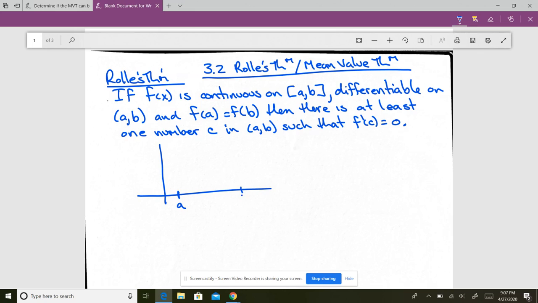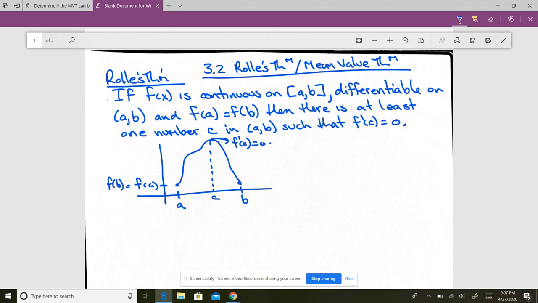This is a, this is b, and that's f of a, and it's the same as f of b. As long as the function is continuous and differentiable, there's one number c such that f prime of c will equal 0.